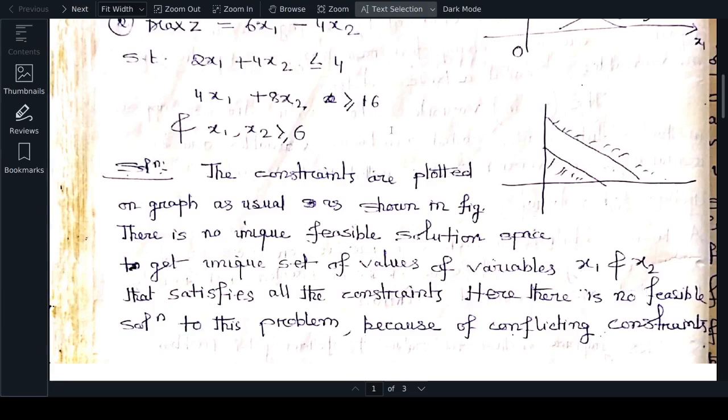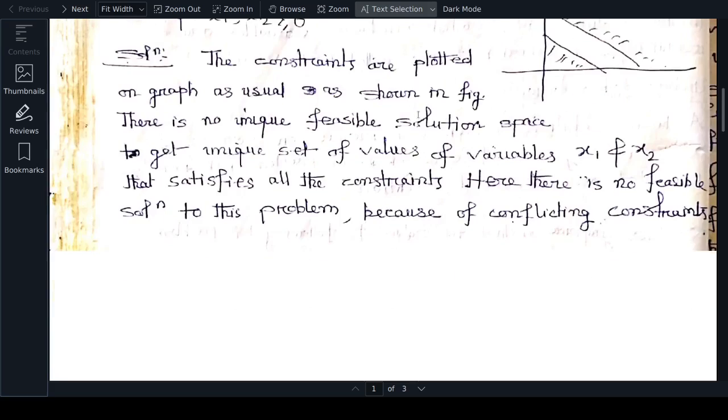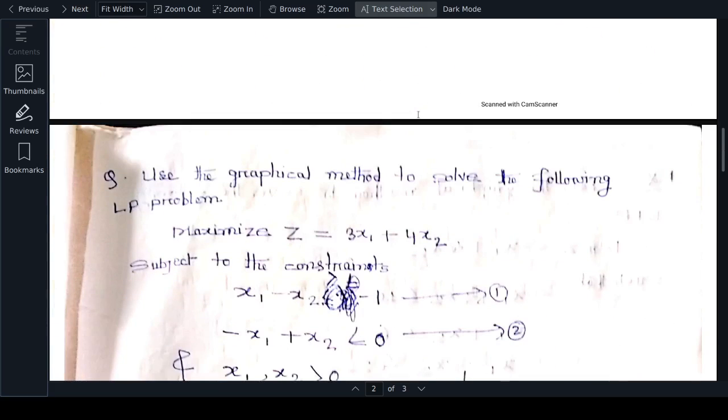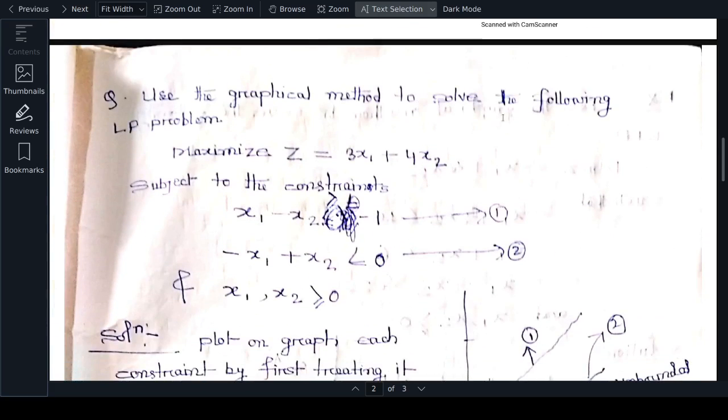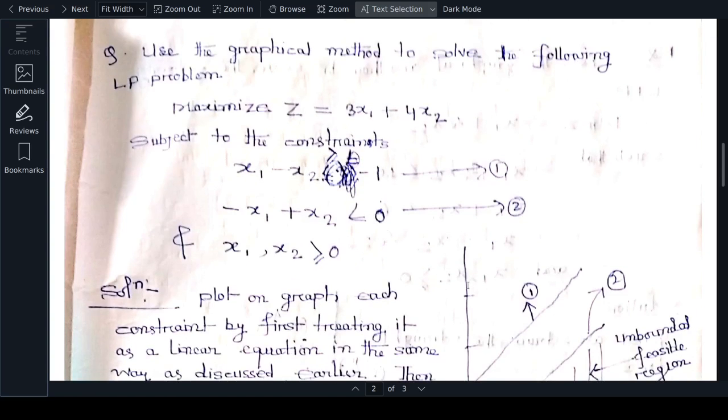Next question you see: use the graphical method to solve the following linear programming problem. Here, maximize z equal to 3x1 plus 4x2 subject to the constraints x1 minus x2 greater than or equal to minus 1 and minus x1 plus x2 less than or equal to 0, and x1 comma x2 greater than or equal to 0.